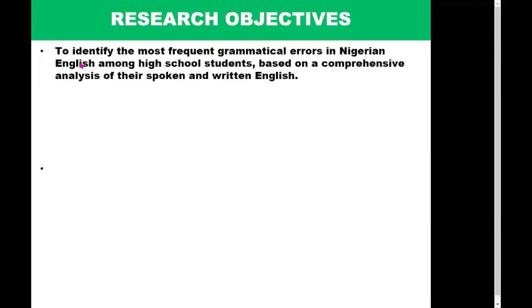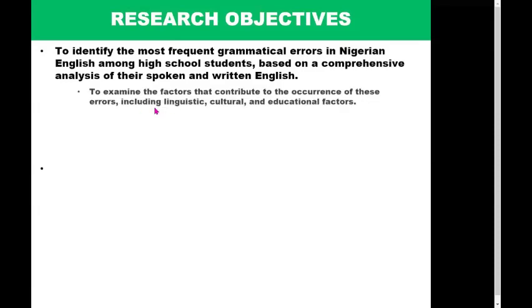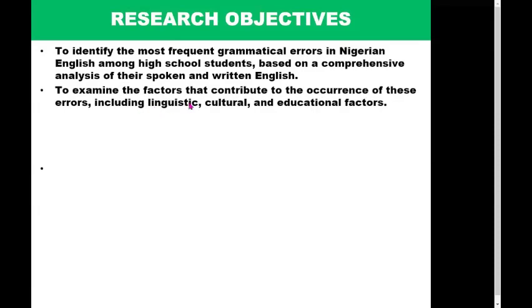Okay, so let's look at the research objectives here. To identify the most frequent grammatical errors in Nigerian English among high school students based on a comprehensive analysis of their spoken and written English. To examine the factors that contribute to the occurrence of these errors, including linguistic, cultural, and educational factors.